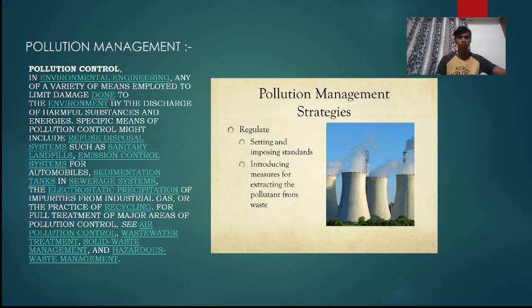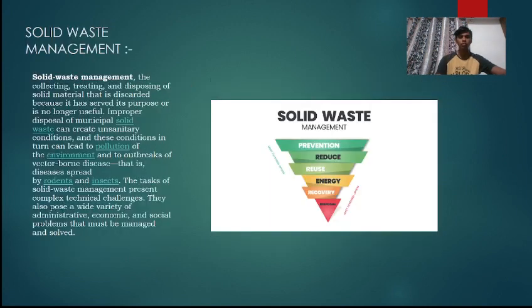Specific means of pollution control might include refuse disposal systems such as sanitary landfills, emission control systems for automobiles, sedimentation tanks in sewage systems, electrostatic precipitation of impurities from industrial gases, or the practice of recycling. For full treatment, the major areas of pollution control are wastewater treatment, solid waste management and hazardous waste management.